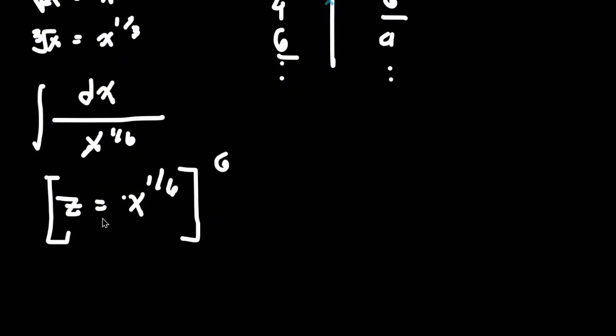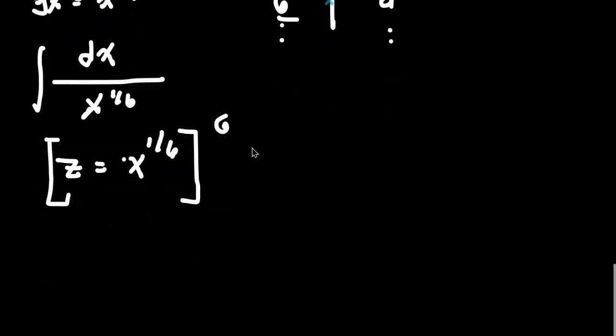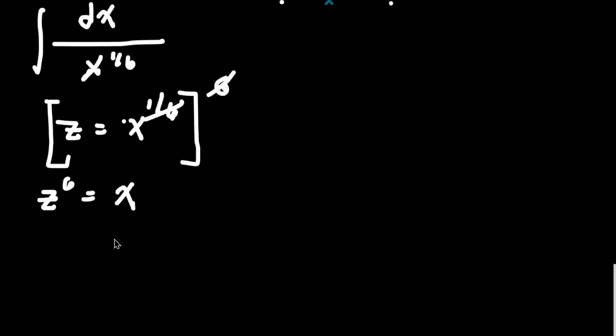And then the distributive property. So distribute this 6 to each term. So we have z raised to 6, and this would cancel, and that would be x.